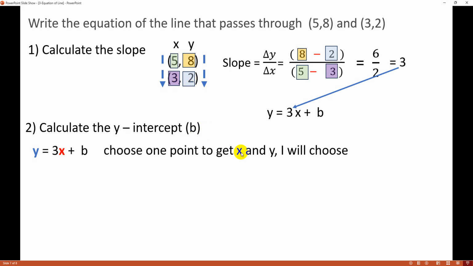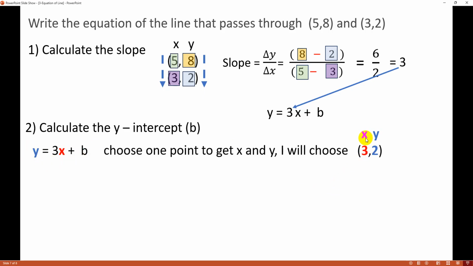For this particular problem, I chose the 3,2. You can choose the 5,8 if you want. So why do we choose a point, a coordinate here? Because we need an x and a y to replace the x and y values in this equation here.